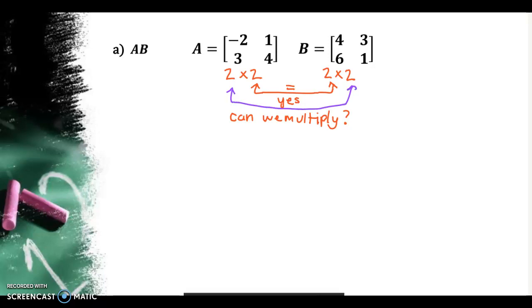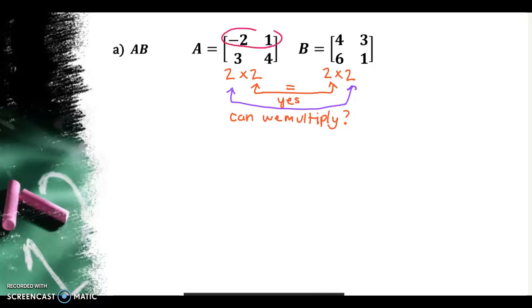So how do we do this? We take the corresponding entries in the rows and multiply by the entries in the columns, and we add them together. So what does that look like?